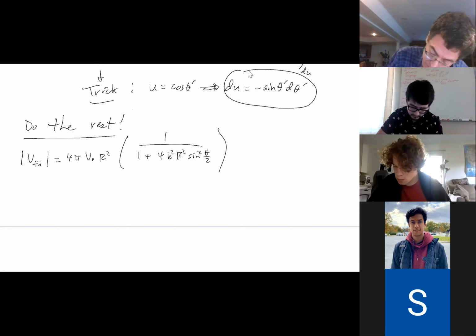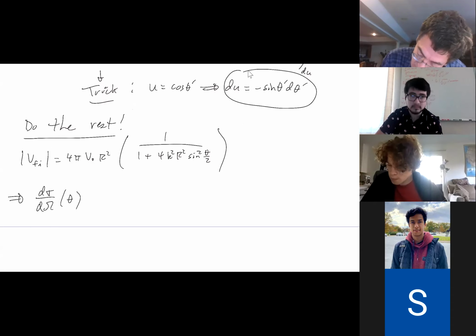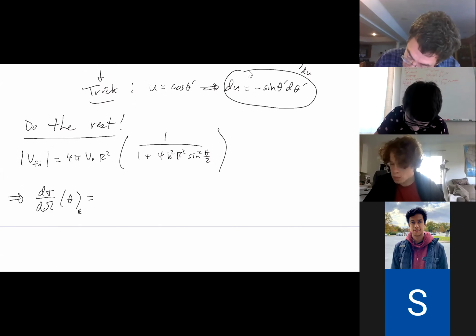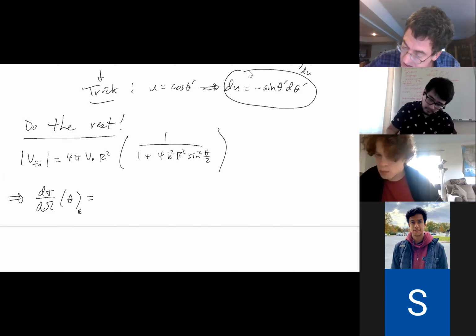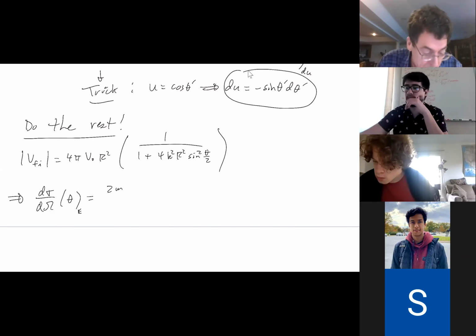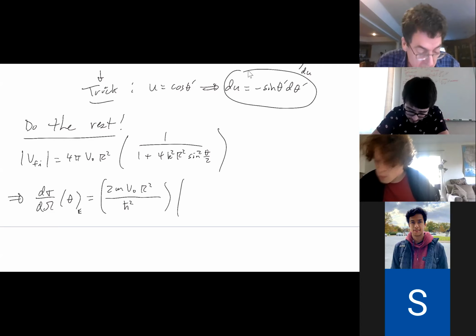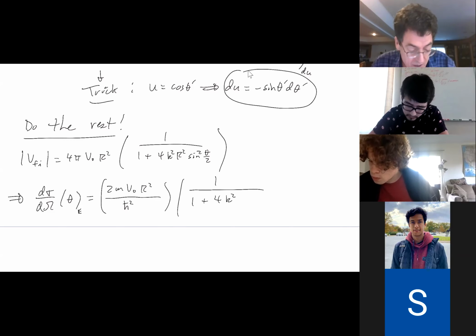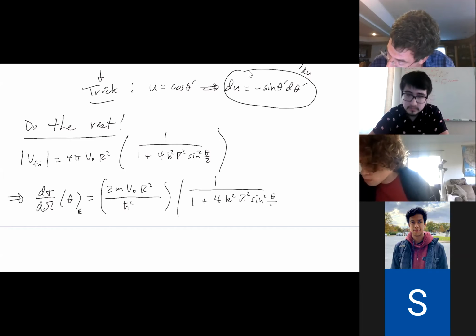And then when you plug that in, you're going to get that the differential cross-section d sigma d omega of the Yukawa potential for the angle theta and at energy E is going to equal 2m V naught big R squared divided by h bar squared, times 1 over 1 plus 4 k squared big R squared sine squared theta over 2, and that quantity squared.